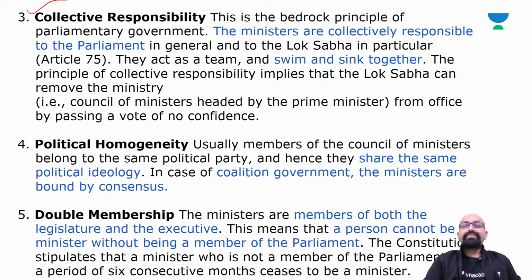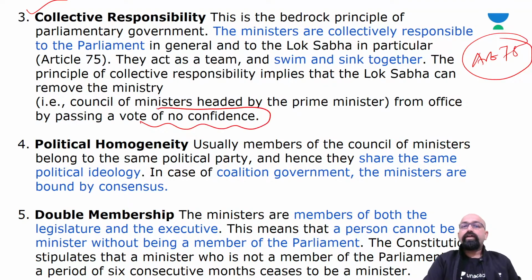Article 75 deals with this clause. The principle of collective responsibility implies that the Lok Sabha can remove the ministry, that is the council of ministers headed by the prime minister, from office by passing a vote of no confidence.